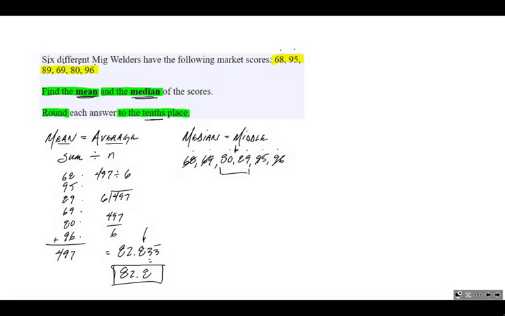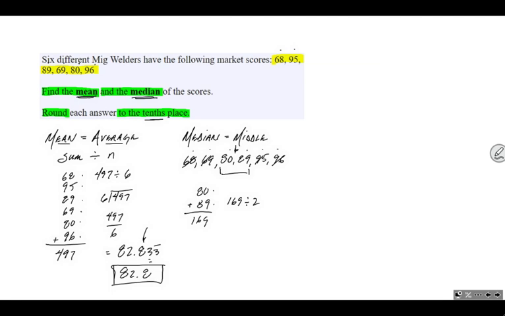What is the average of 80 and 89? Well, we can use the same process that we just used earlier. We can say 80 plus 89, and that's going to give us 169, and then we need to divide 169 by 2 because there are just two numbers in this list.